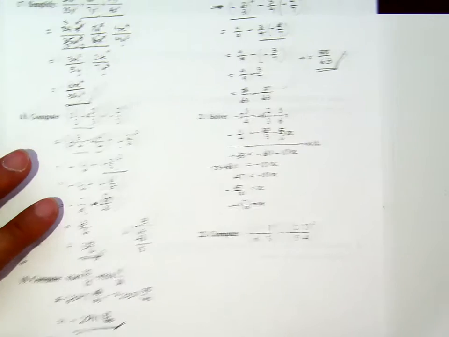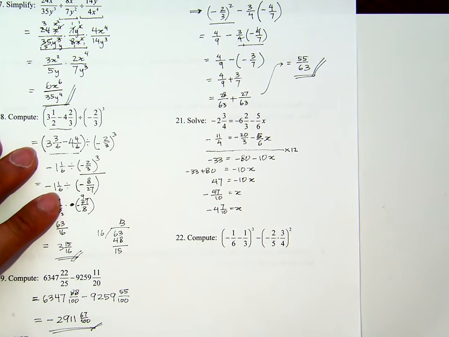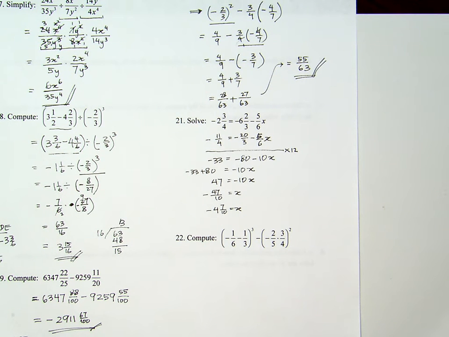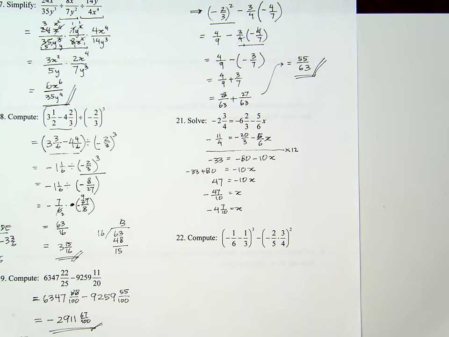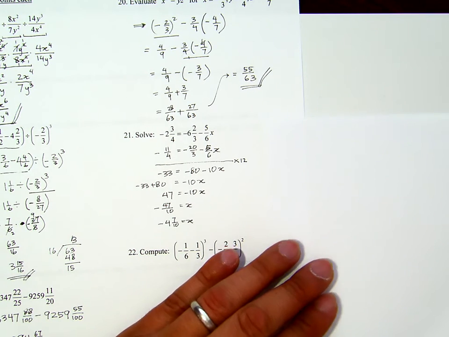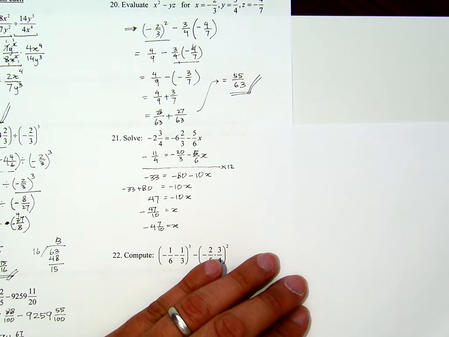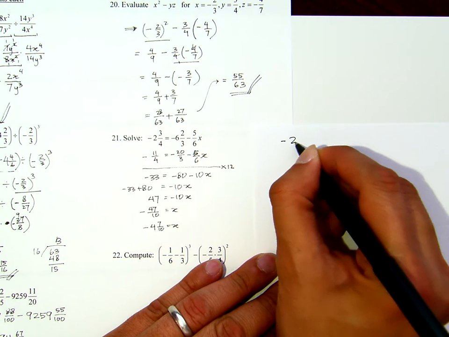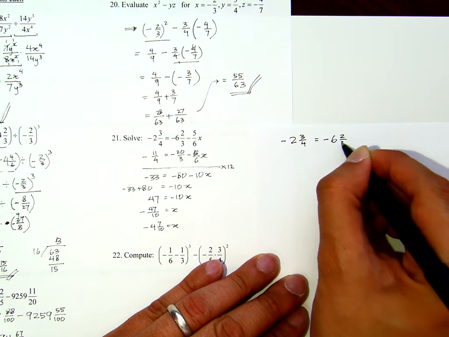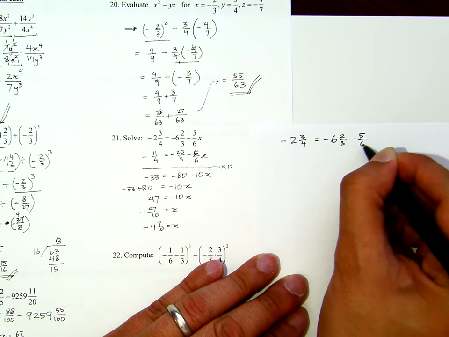Okay. Now suppose you want to do it with the conventional method. Let's do it here. Negative 2 3/4 equals negative 6 2/3 minus 5 over 6x.